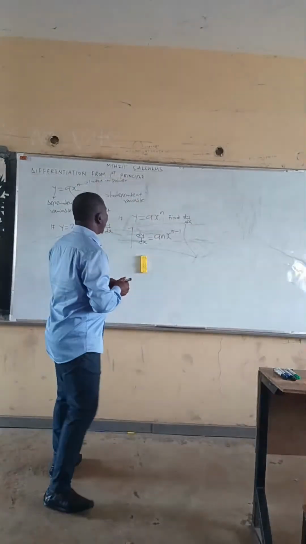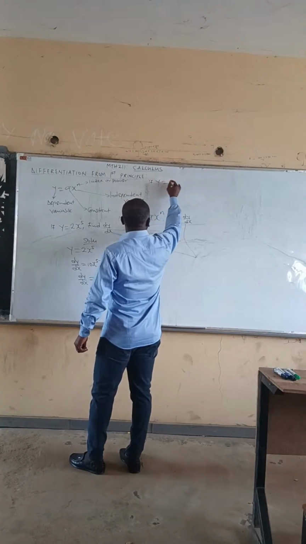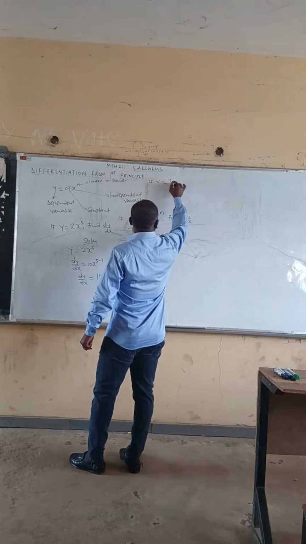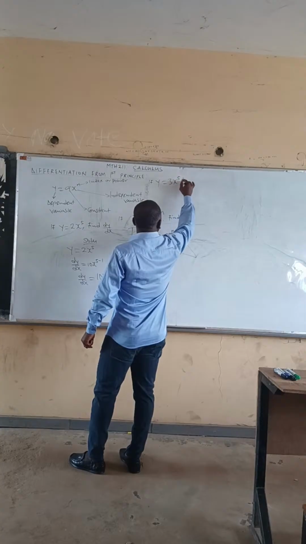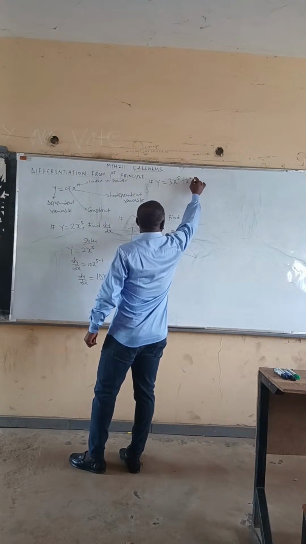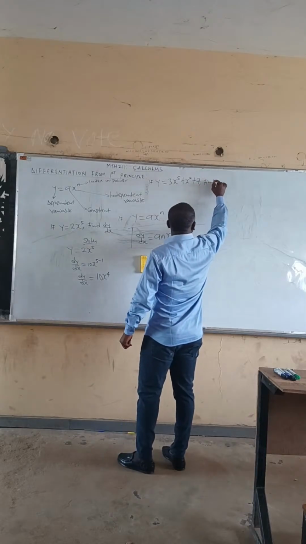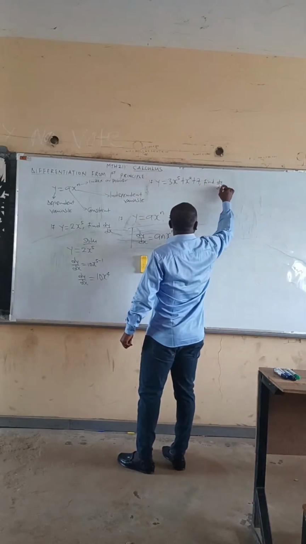Okay, now let us differentiate: if y equals 3x raised to the power 5 plus x raised to the power 2 plus 7, and you are asked to find dy over dx.